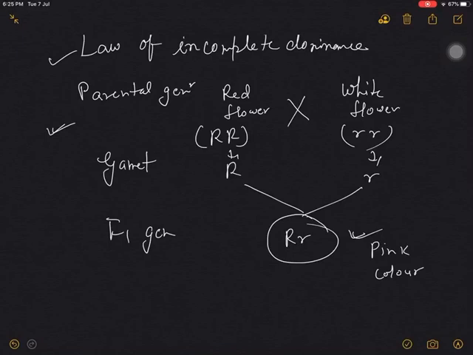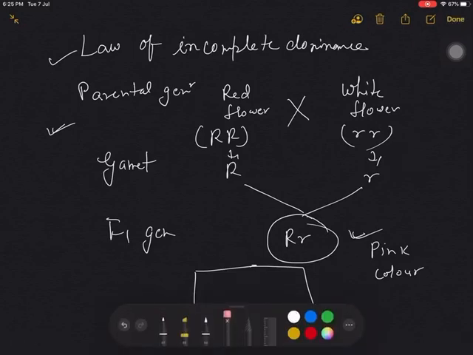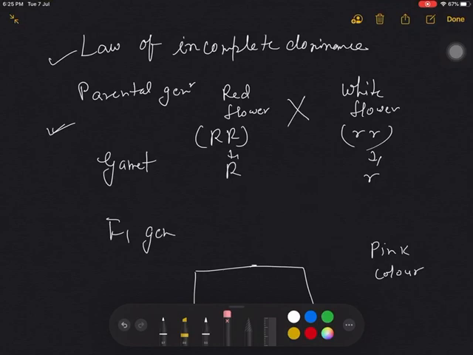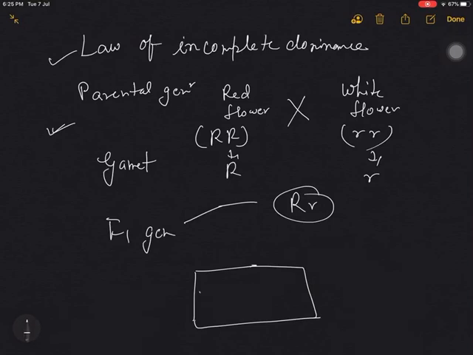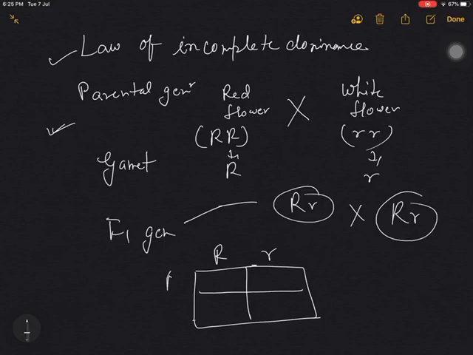After self-pollination, what did he get? Again you have to write gametes on the top, capital R, small r, and the crossing takes place between the same kind of plant.